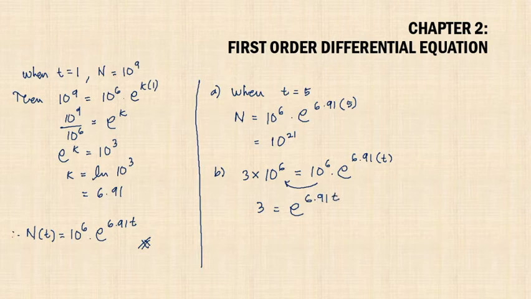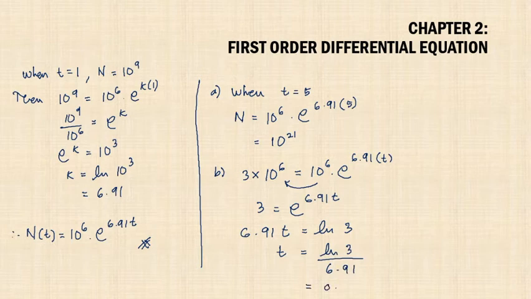By taking ln of both sides, we have 6.91t equals ln 3. So t is ln 3 divided by 6.91, and the value of t is 0.52 hours. This means that after 0.52 hours, the population becomes 3 times the number of bacteria.